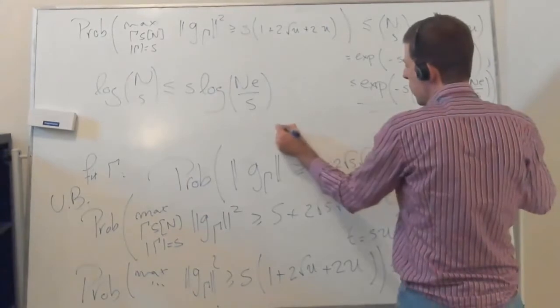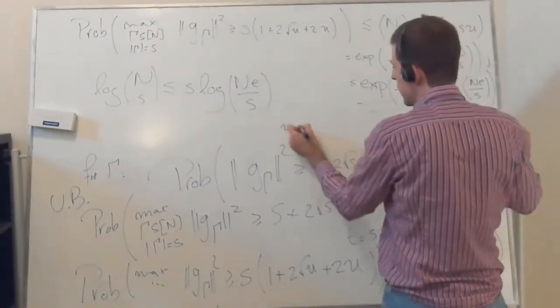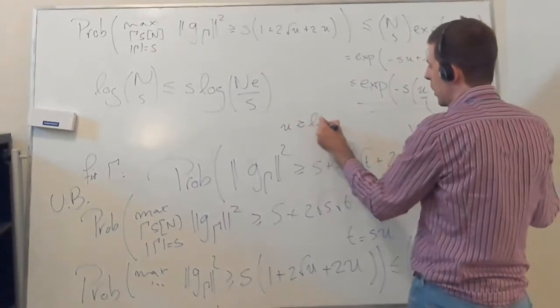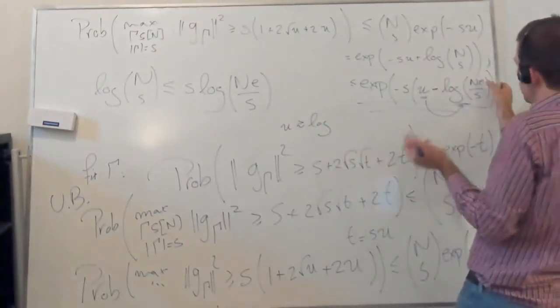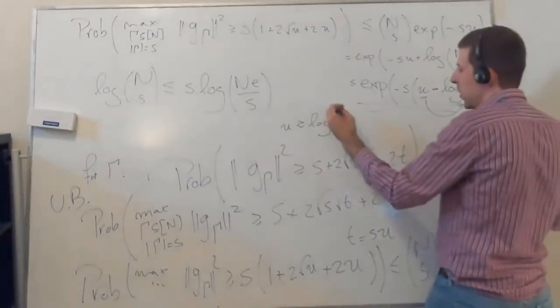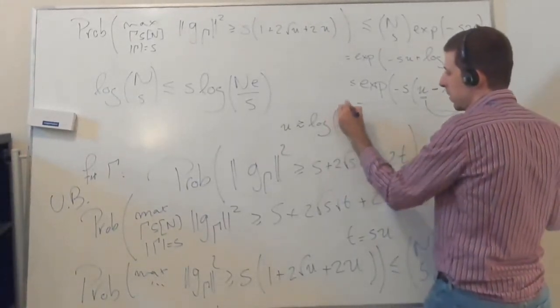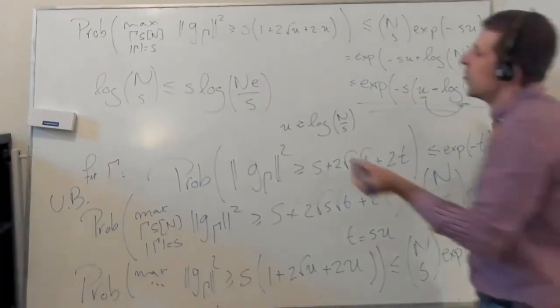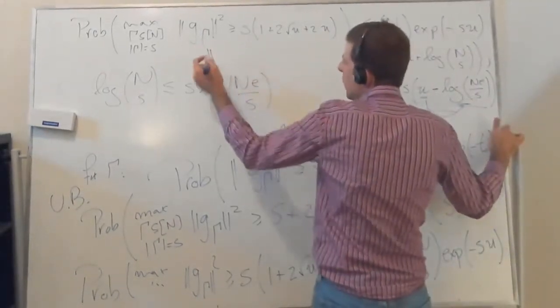This starts happening roughly when U, up to constants, is bigger than log n E over S. But since we're talking up to constants, the E is just like a plus 1, so it doesn't even matter. So just n over S. Once U is bigger than say 3 times this, the probability starts being really, really small.